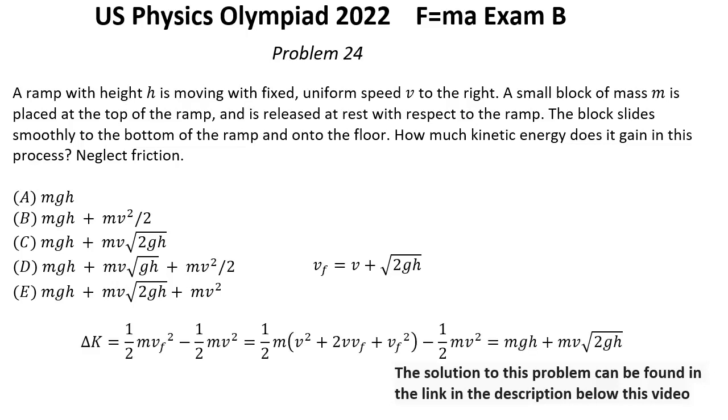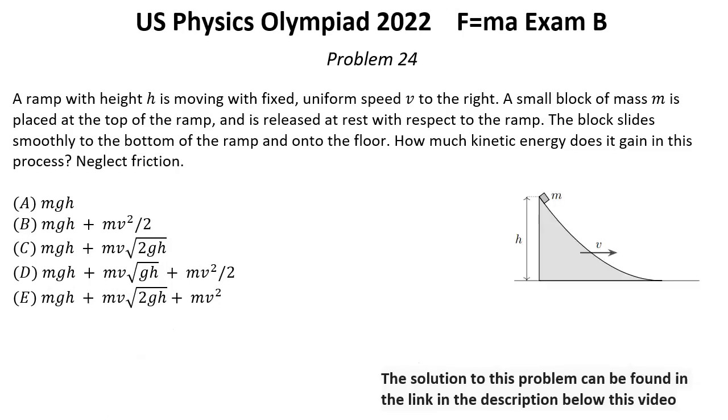That will be delta K equal 1/2 m v final squared minus 1/2 m v initial squared, which after calculations is mgh plus mv multiplied by square root of 2gh. This is answer C, and that was the correct solution for problem number 24.